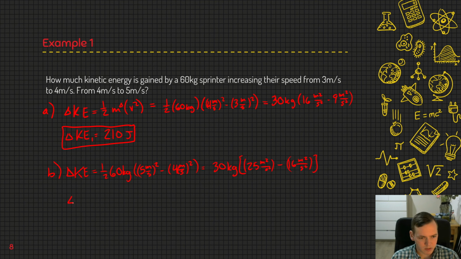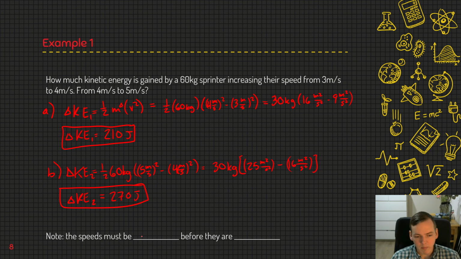So in other words, that's a delta KE of 30 times 25 minus 16 is 9, so 30 times 9 is 270 joules.